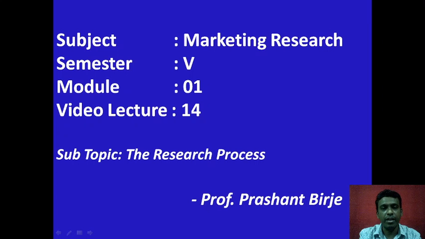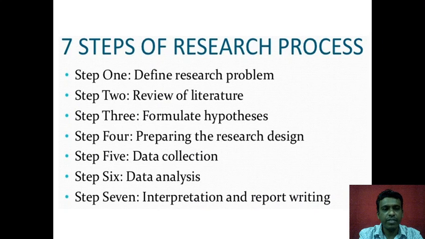So let us begin. Now when we talk about research process, we have 7 steps. These 7 steps have been shown in a previous video lecture. Let us go through these. Step 1. Define your research problem. Step 2.